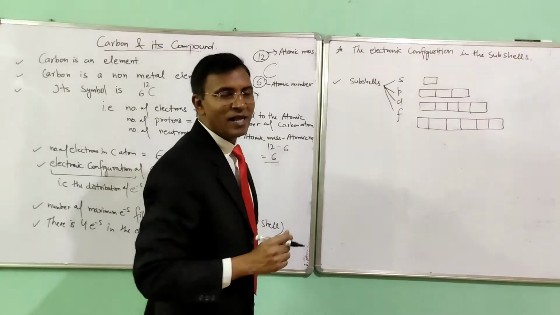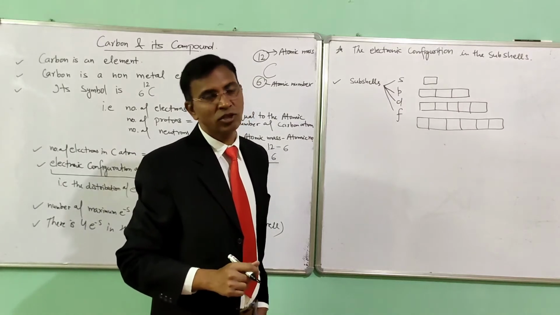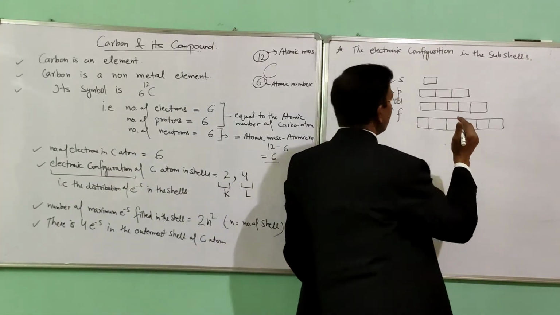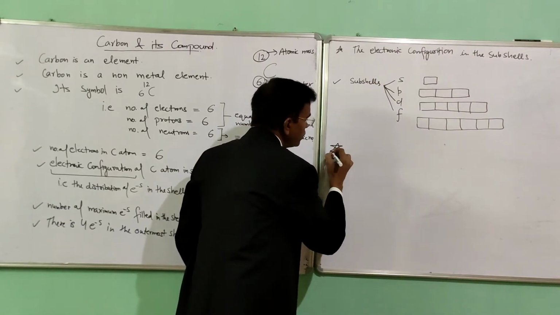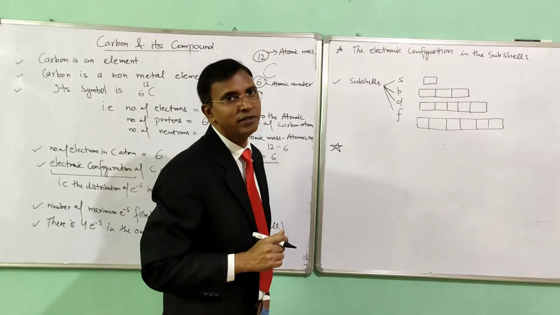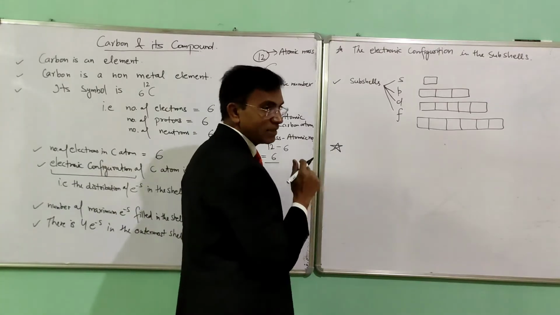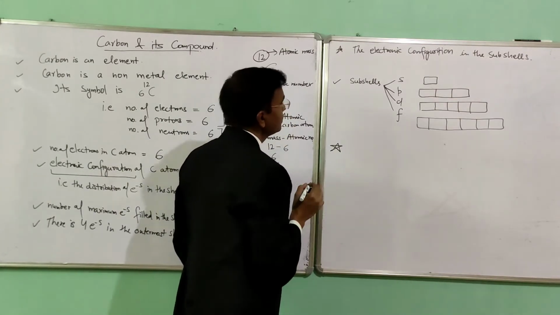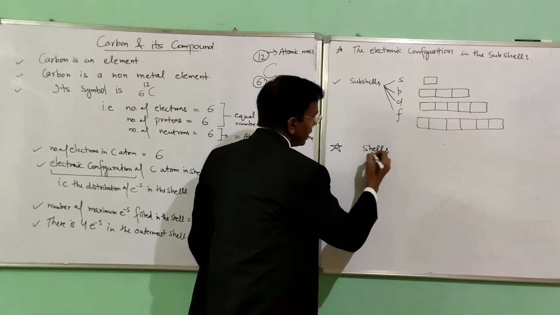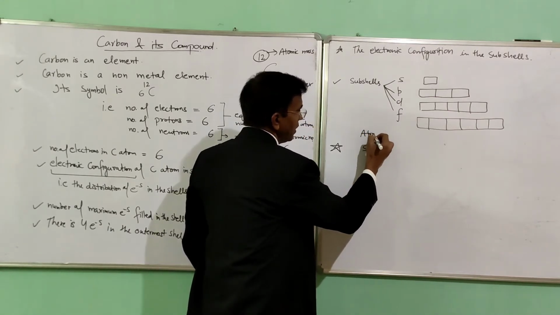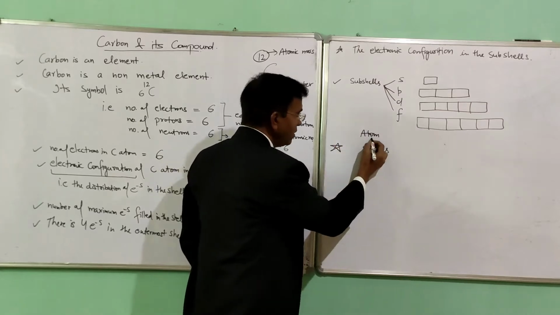So what are these shells, subshells and electronic distribution? Here I am going to make a small chart for the convenience of your understanding. An atom has shells.